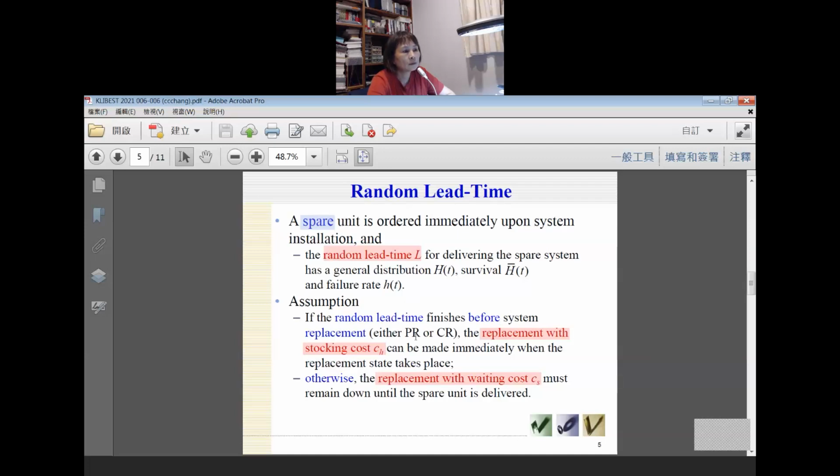We assume that if the random lead time finishes before system replacement, either PR or CR, then the replacement with stocking cost CH can be made immediately when the replacement takes place. Otherwise, the replacement with waiting cost CS must remain down until the spare unit is delivered.